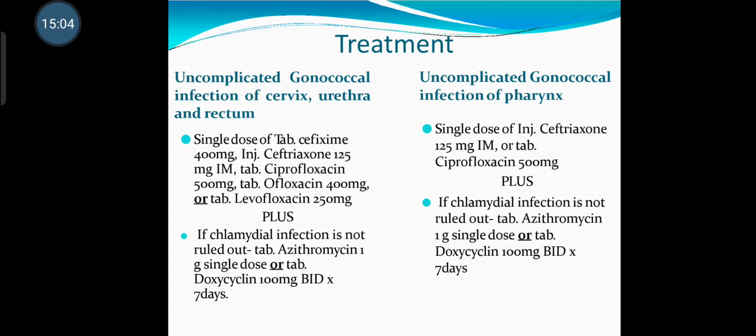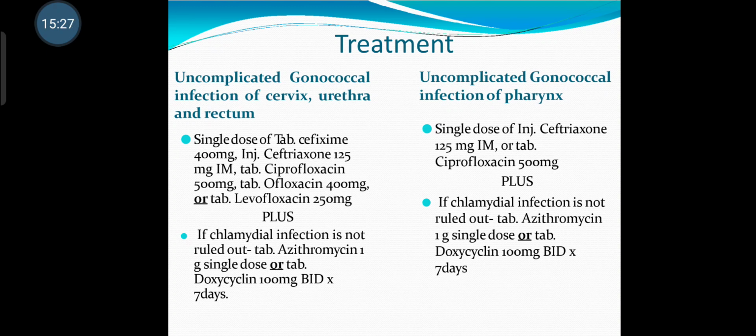Treatment. For uncomplicated gonococcal infection of the cervix, urethra or rectum, and uncomplicated gonococcal infection of the pharynx, the treatment is as follows. For the cervix, urethra and rectum, cefixime, ceftriaxone, ciprofloxacin, ofloxacin, levofloxacin can be given.